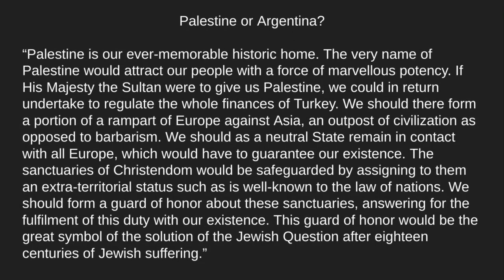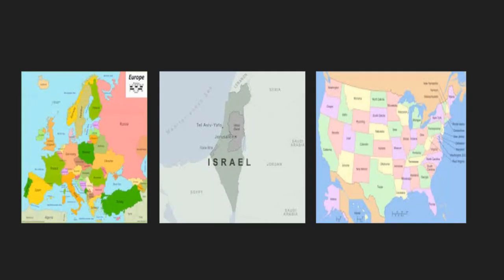So he's really appealing here to Europe with an obvious disregard for the local population. But it's very important for him to gain European support for this project. Otherwise, he's aware it won't survive.